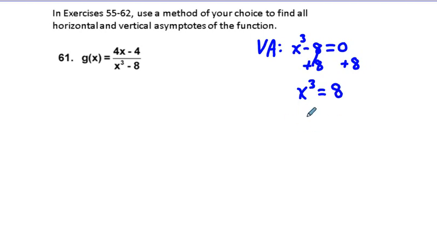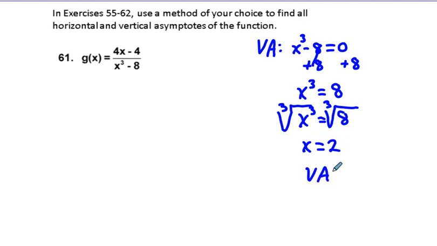Taking the cube root of both sides, x is equal to 2. So that should be our vertical asymptote, x is equal to 2. We're going to check that pretty soon, and that's going to be the case if we don't have a cancellation.